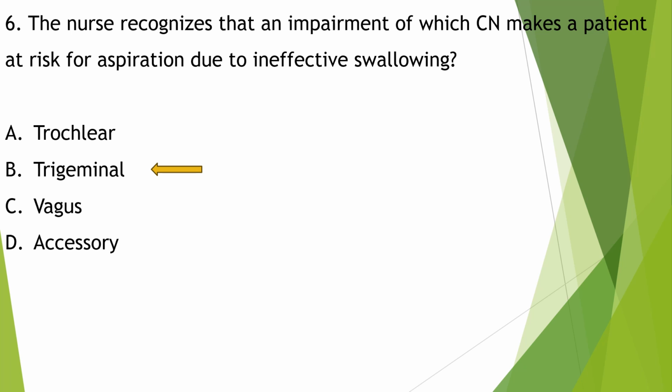The trochlea, the cranial nerve 4, involves movement of the eye. Cranial nerve 11, accessory, controls contraction of the neck and the shoulder muscles. And cranial nerve 10, that is the vagus, affects peristalsis. So here it is the trigeminal.